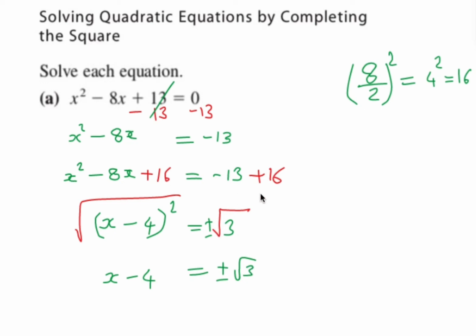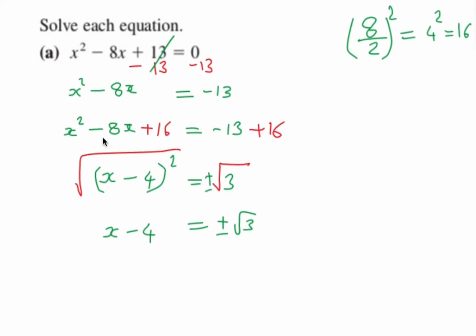Whenever we take the square root, the right hand side value we always write in positive and negative form. Now add 4 both sides, to isolate this x. So our final answer is x equal 4 plus minus square root 3.